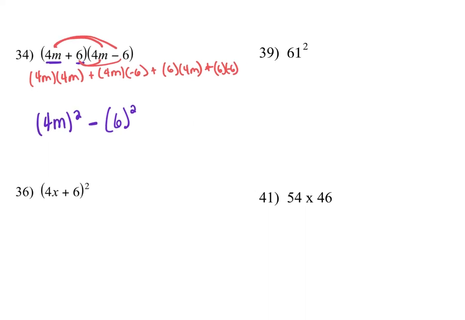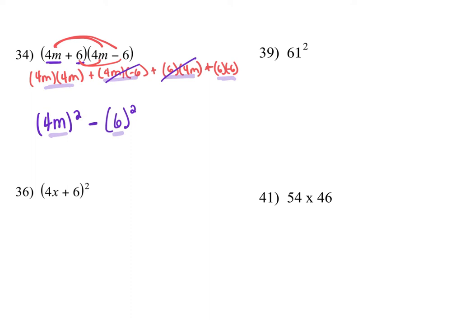Because what happens is this becomes -24m and +24m, and so they cancel. And so you end up with just 4m times 4m, which is 4m squared, and +6 times -6, which is going to be a -6 squared. That's why that works when it's plus minus. You do not have a middle term when it's plus minus.